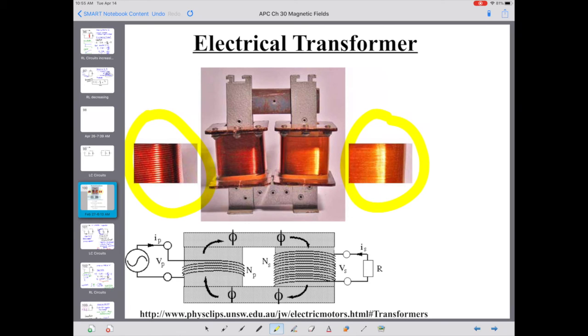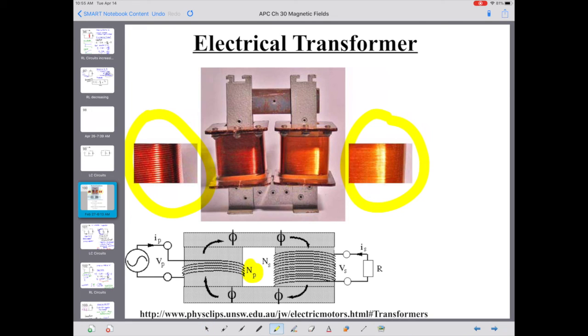So you are putting an alternating current into one coil, and then you are inducing an electric current or an EMF in the second coil, and you are stepping up or stepping down that, not current, but voltage. You are stepping up or stepping down that voltage based on how many turns you have.